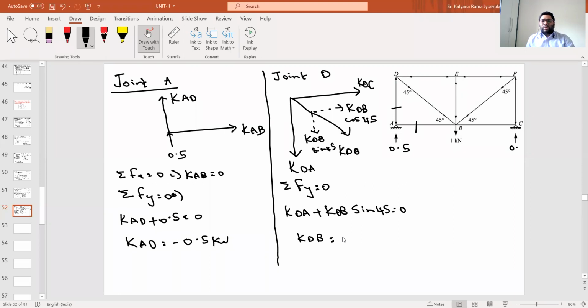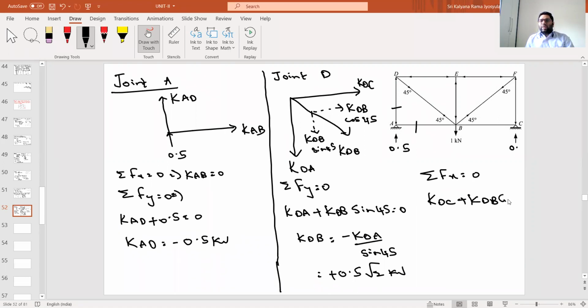So KDB is equal to minus KDA by sin 45, that implies 0.5 root 2 kilonewton. Sigma Fx is equal to 0: KDC plus KDB cos 45 is equal to 0. So KDC is equal to minus 0.5 root 2 into 1 by root 2. Root 2 cancels, so that is equal to minus 0.5 kilonewton.